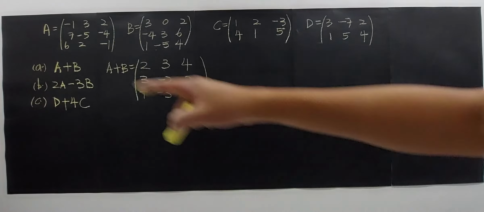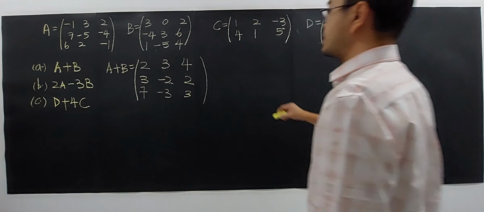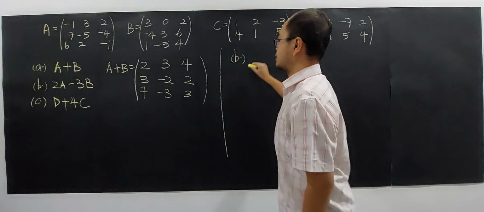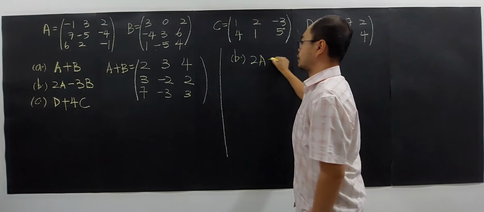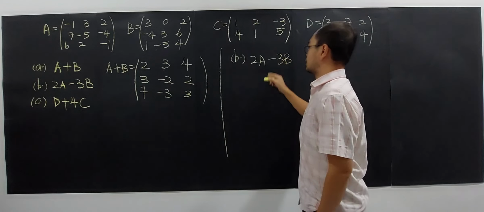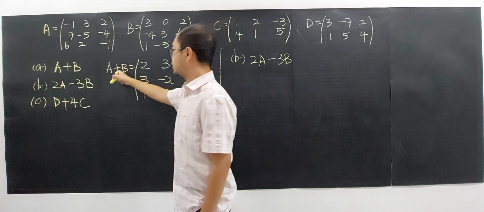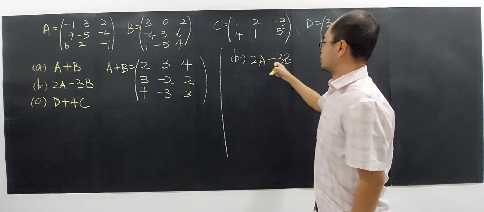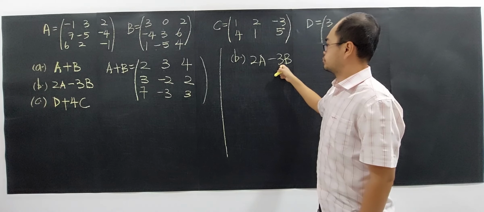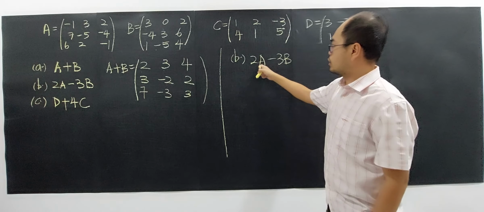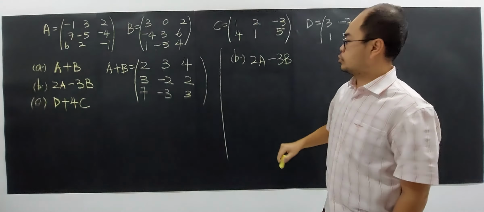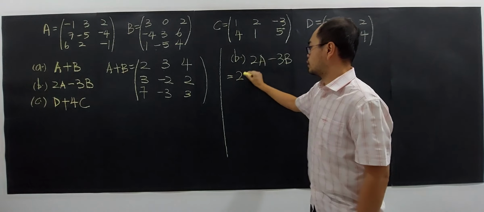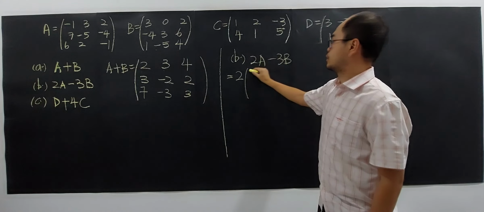Alright, so let's look at part B. Part B involves scalar multiplication before subtraction. When you want to do subtraction or addition, the matrices must have the same order. These two can be subtracted because the order for A and the order for B are the same, 3 by 3. So before you do subtraction, you need to do the scalar multiplication first.